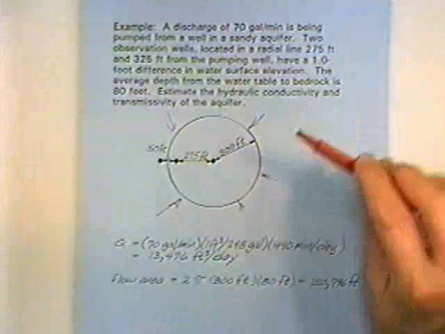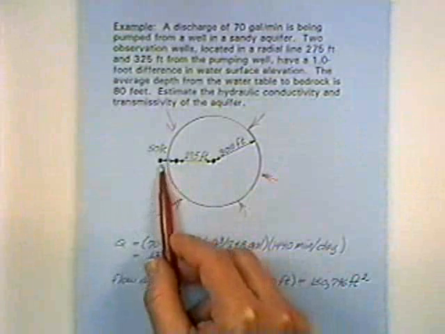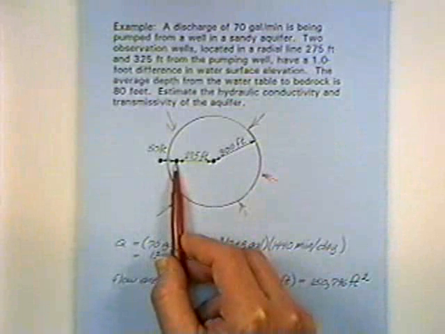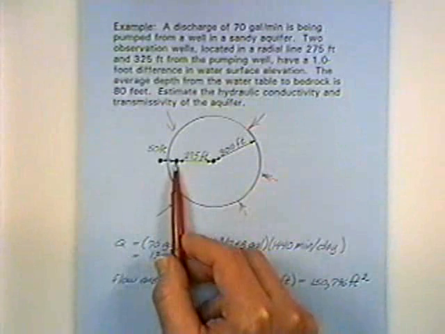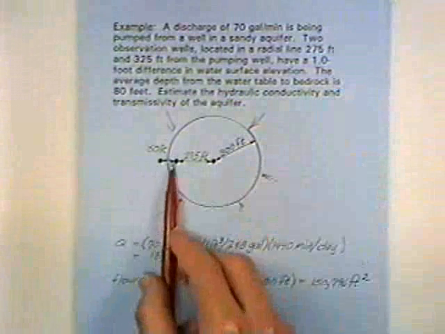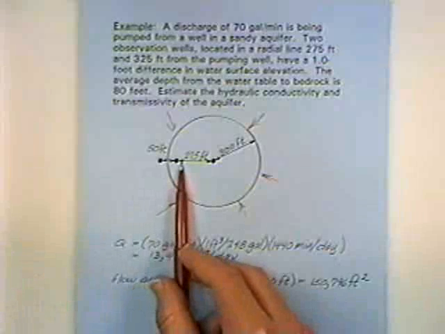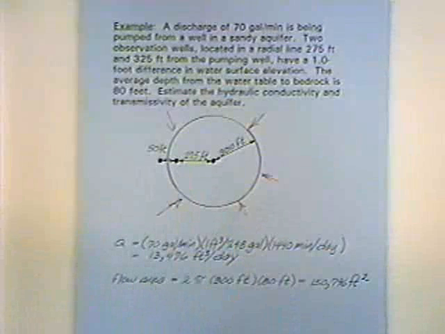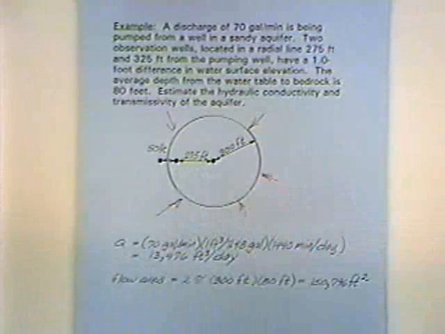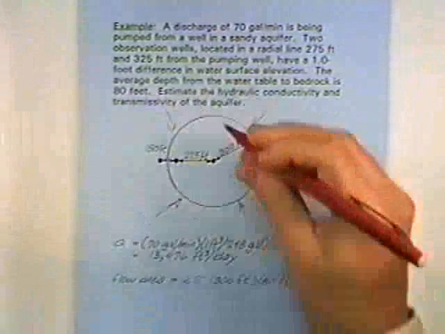The problem set that up for us because it's taken these two wells and made measurements of the water table, the elevation of the water surface there. It says that there's a 1 foot difference in water surface, and they're 50 feet apart, so we divide 1 foot by 50 feet, and we've got the hydraulic gradient, the slope of the water table.